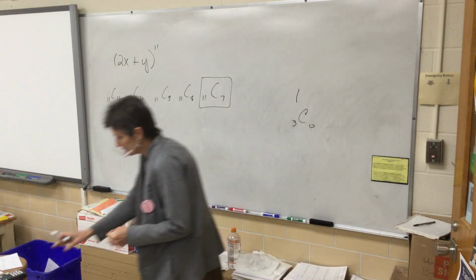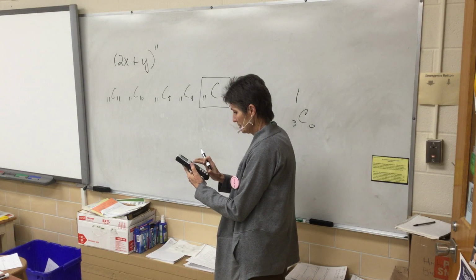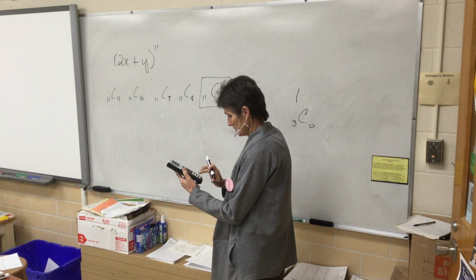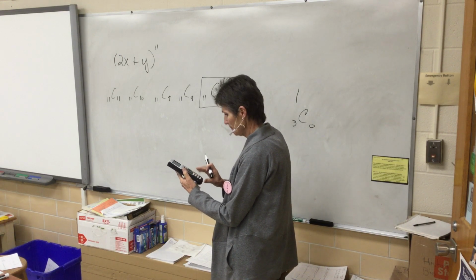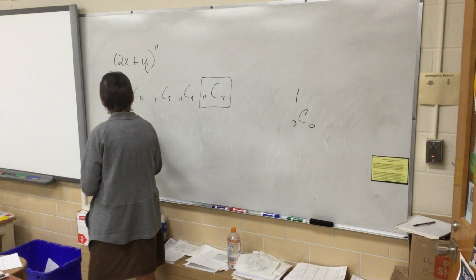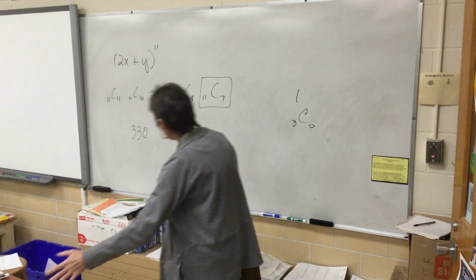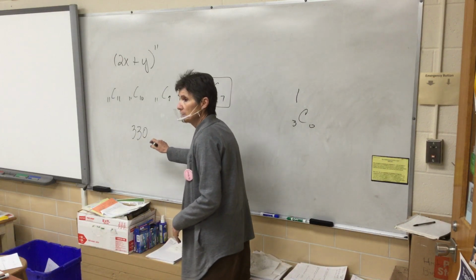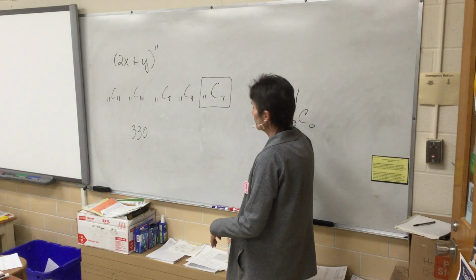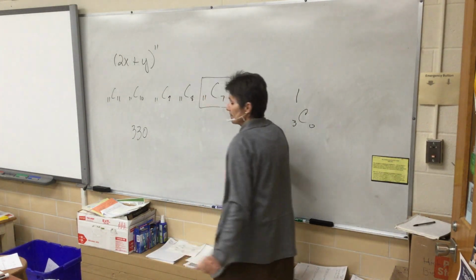So I'll go to my calculator, and 11C7 is 330. So the coefficient number, if I were to write out the whole row, the 5th number in that row is 330.